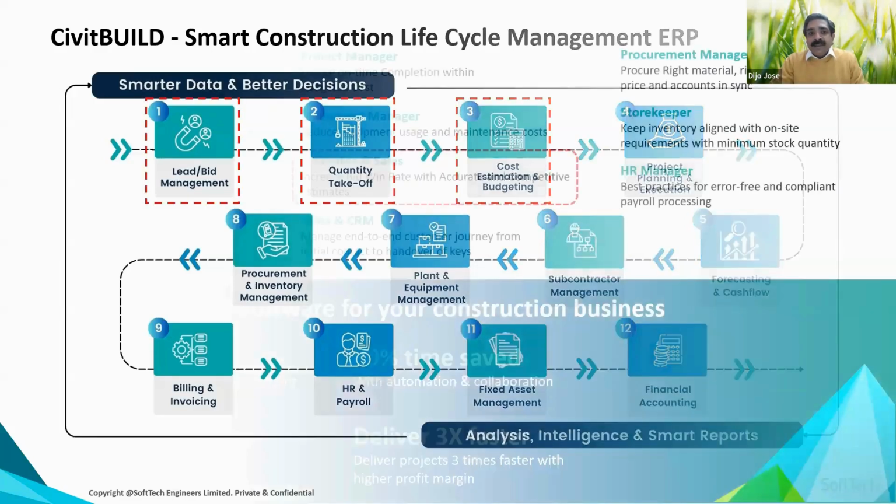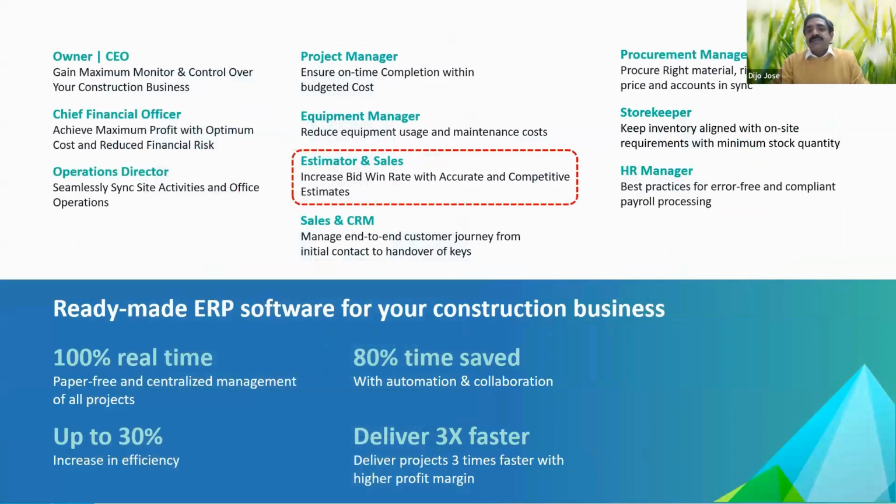Yes, the different stakeholders within the organization, as you can see on the screen, start from your CEO, CFO, and operations director. As we all know, when you talk about the enterprise, you have the minimum key stakeholders who will be taking control of each project. It starts from your estimator at the time of estimation. Once you get into the project execution part, you will have the project managers, your operations directors, your cost controllers, your HR managers, and even the stockkeepers.